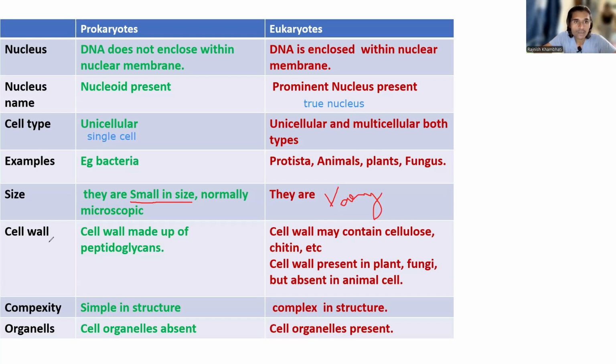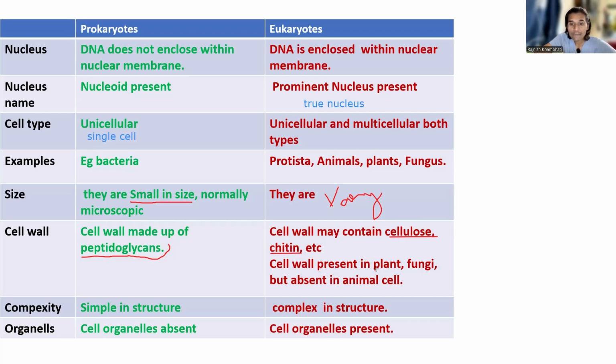Cell wall. In a prokaryotic cell, the cell wall is made up of peptidoglycan and many other materials. But we are talking about bacteria, so it is made up of peptidoglycan. And in eukaryotic organisms, the cell wall may contain cellulose or it may be made up of chitin.